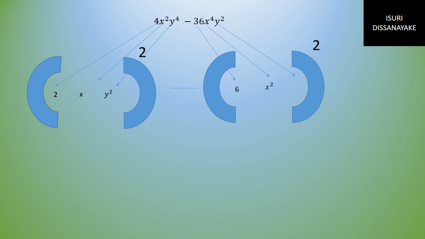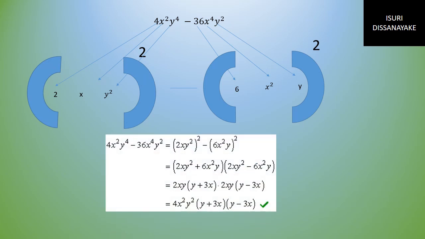And here we have 6x squared to the power 2, which is x to the power 4, and y. So now we have the difference of 2 squares. We are going to write it as (2xy squared plus 6x squared y)(2xy squared minus 6x squared y).